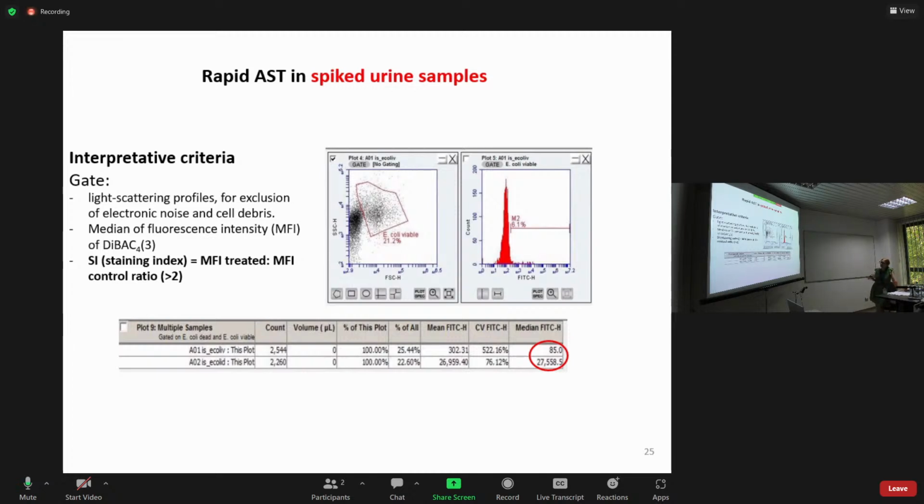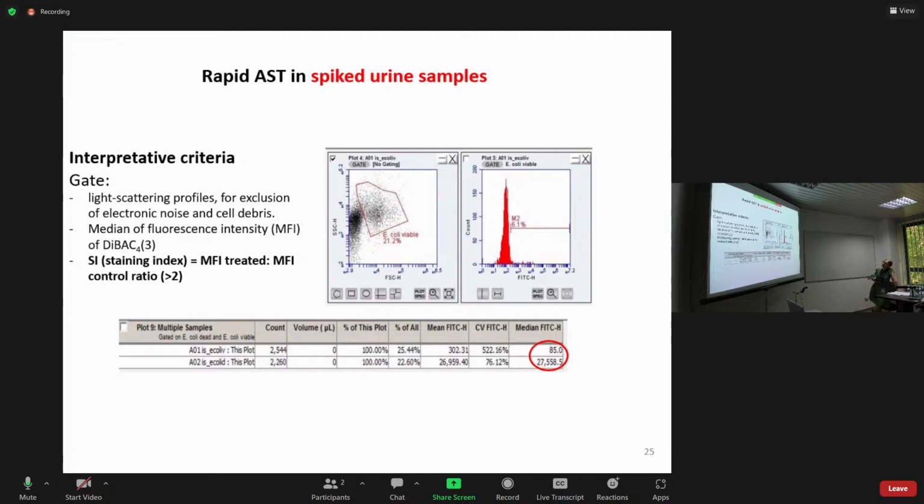They don't take it into consideration. So we gated the viable E. coli population depending on the side scatter and the fluorescence of DiBAC. This DiBAC fluorochrome is a marker of membrane potential.